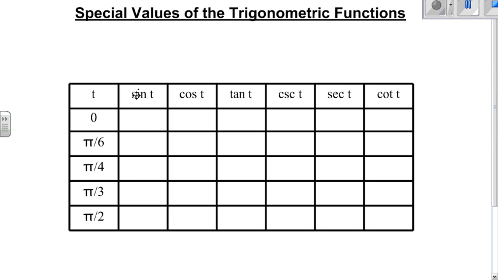And it's cosine comma sine. You could figure out the rest of this. And tangent is sine over cosine. Cosecant, 1 over sine, the flip of sine. Secant, the flip of cosine, and cotangent is the flip of tangent. So you should be able to fill in something like this.